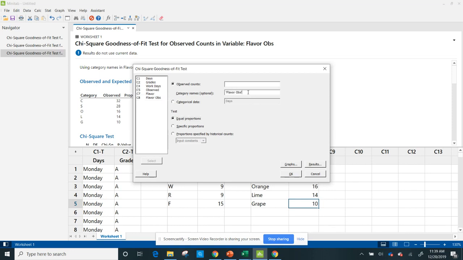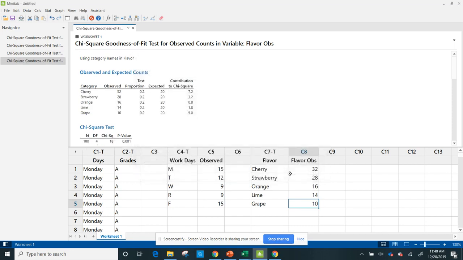When I click in that box, it only looks for numbers. Category name, I'm going to put it because when it gives me my output, it's very specific about what it gives me. Equal proportions again, because I believe they're occurring the same. And then I hit OK.